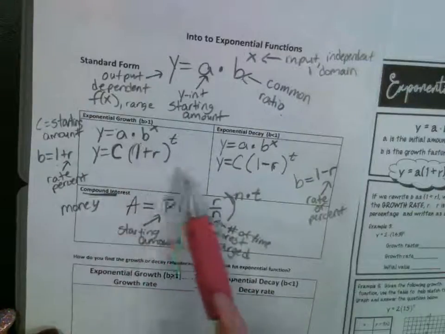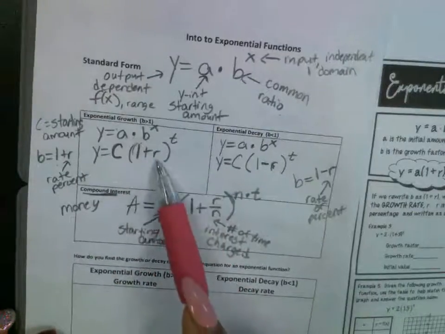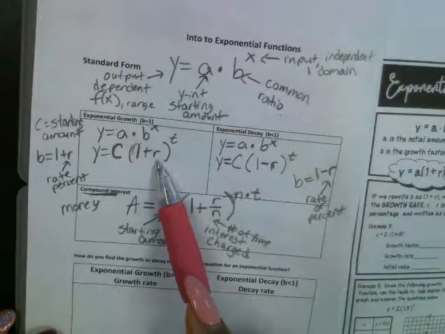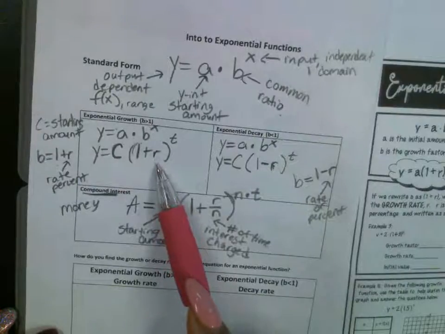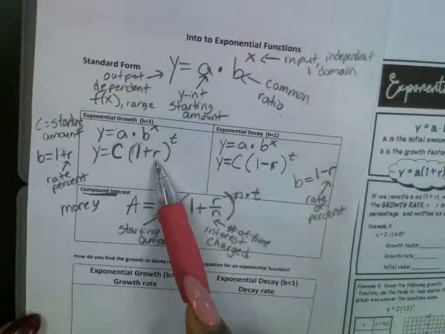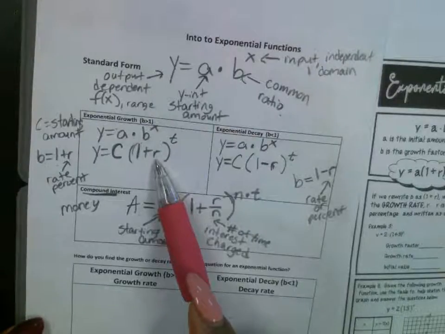Then you use this formula because R represents the percent. So if they give you the percent, you don't just put 25 here for 25%, you put 0.25. You always change your percents to decimals before you substitute them into formulas.